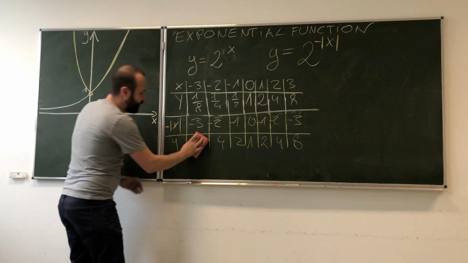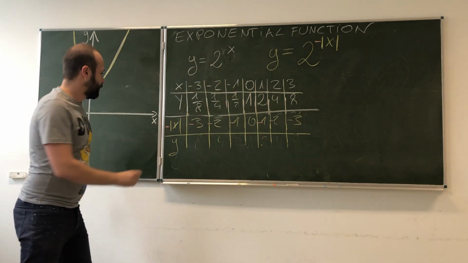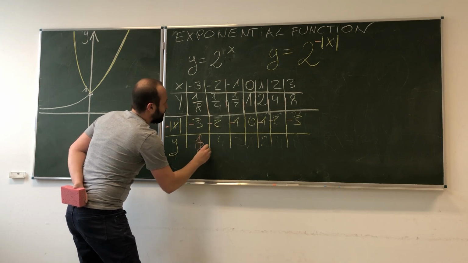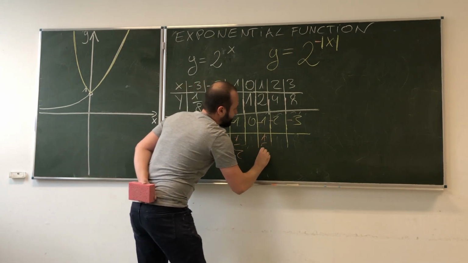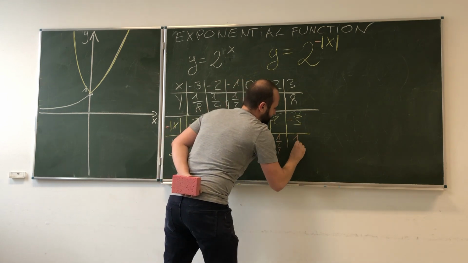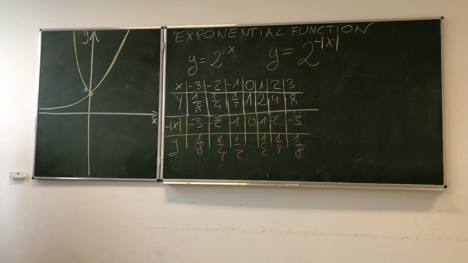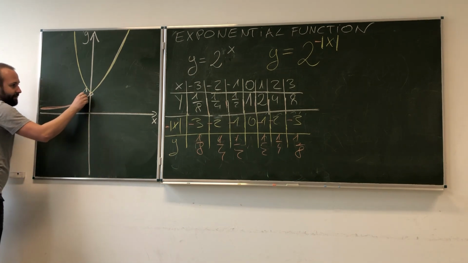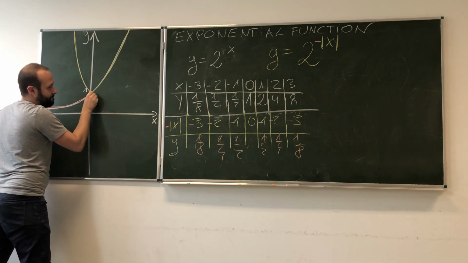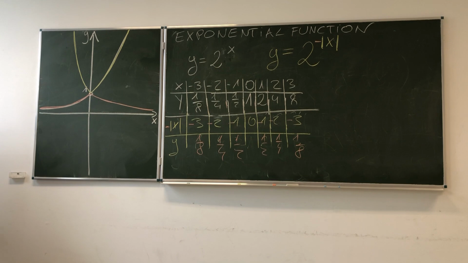But what would happen over here is even more interesting, because now we would have 1 over 8, 1 over 4, 1 over 2, 1 over 2, 1 over 4, 1 over 8. So look how this function would look like. I hope you can guess that this function would look like that.